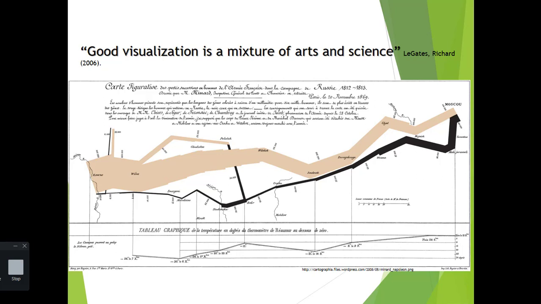This is his retreat, and the line is showing the amount of troops he had. This is a timeline as well. And the lines down here not just give you the time, but they also give you the temperature in degrees Celsius. To give you an idea, this is minus 11 Celsius.